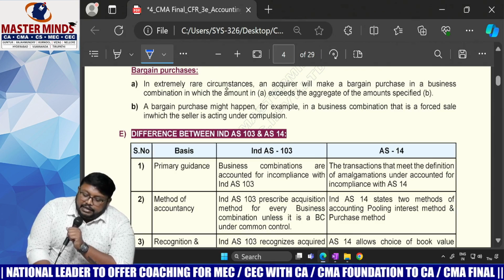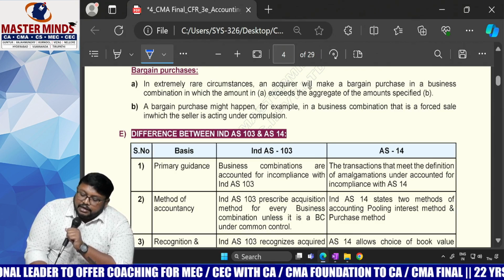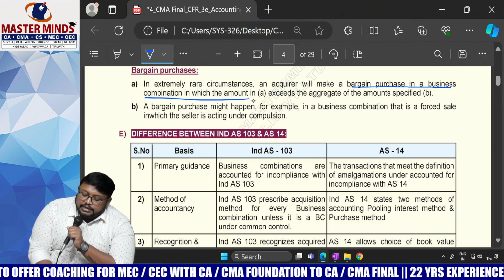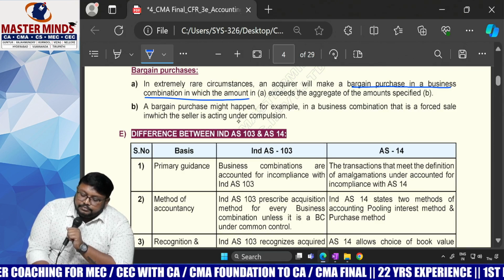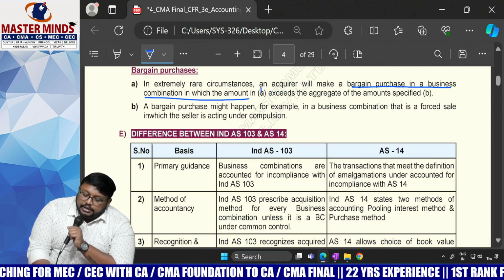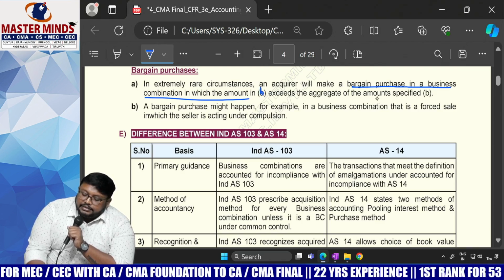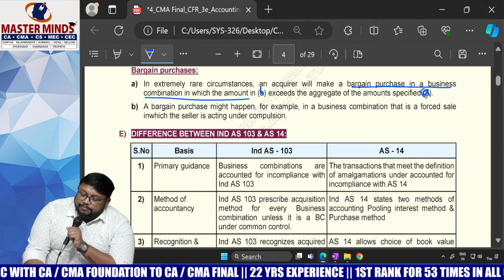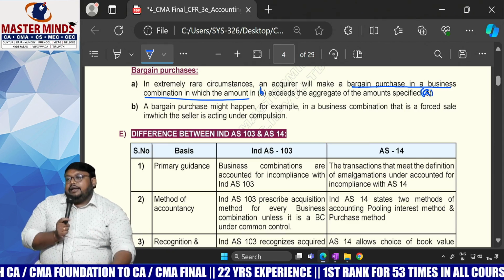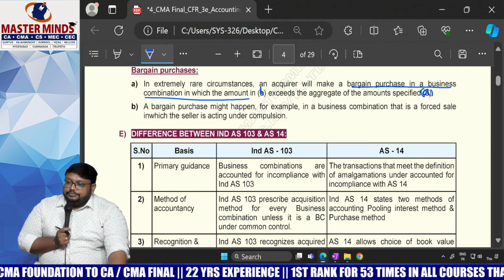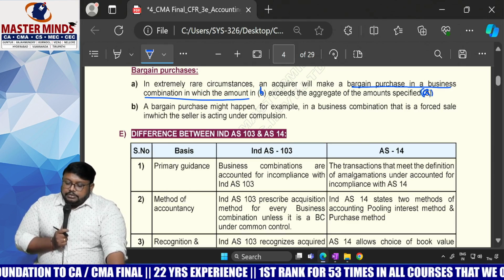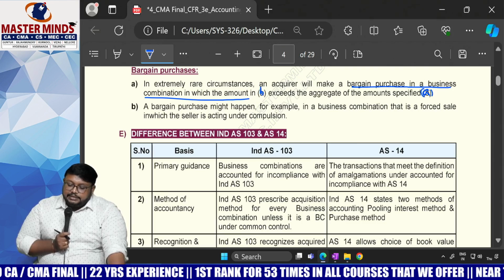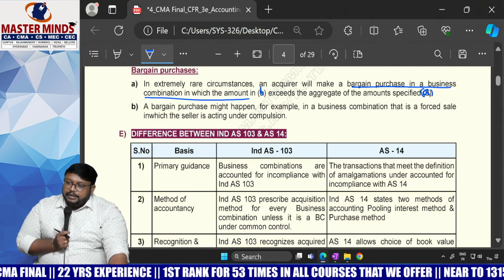In extremely rare circumstances the acquirer will make a bargain purchase in the business combination, when B exceeds the aggregate amount specified in A. So when the amount of B exceeds A, then we will get gain on bargain purchase.